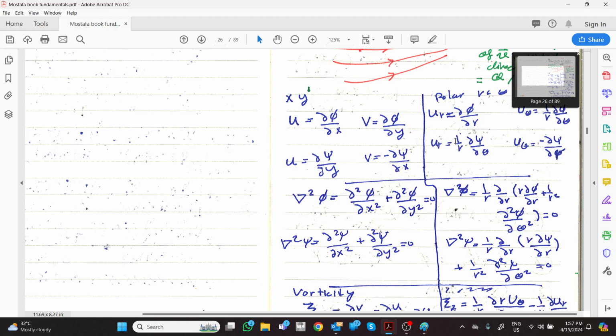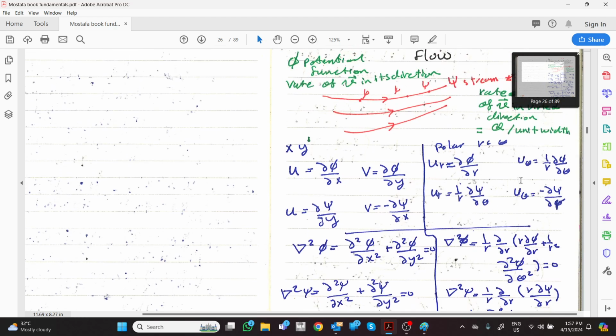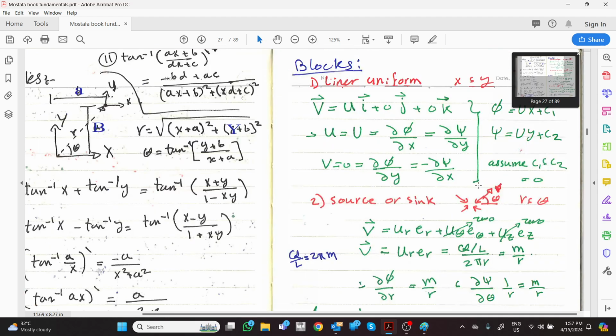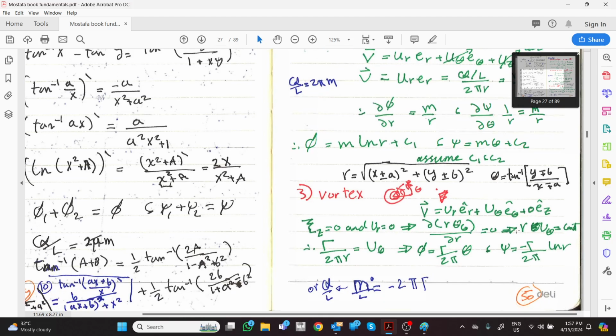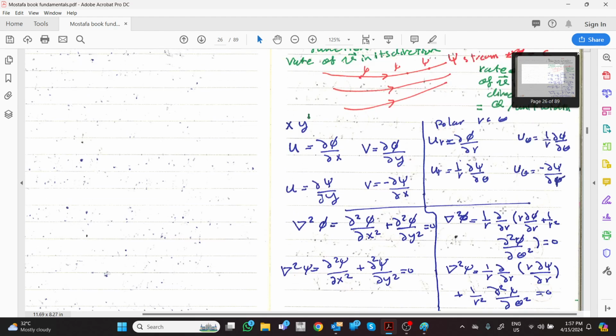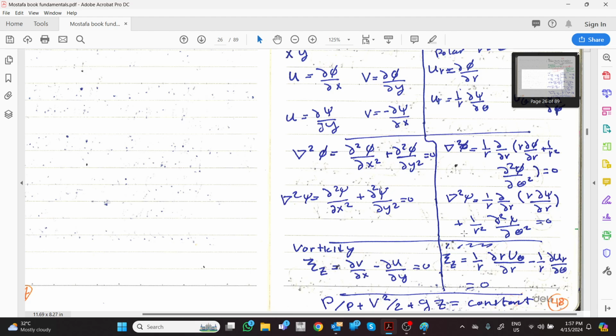When u_r equals 0, 1 over r ∂ψ/∂θ, or ∂φ/∂r, equals 0. Written back here, so you will find it here, ∂(r u_θ)/∂r equals 0. Same, this one, the vorticity equation.